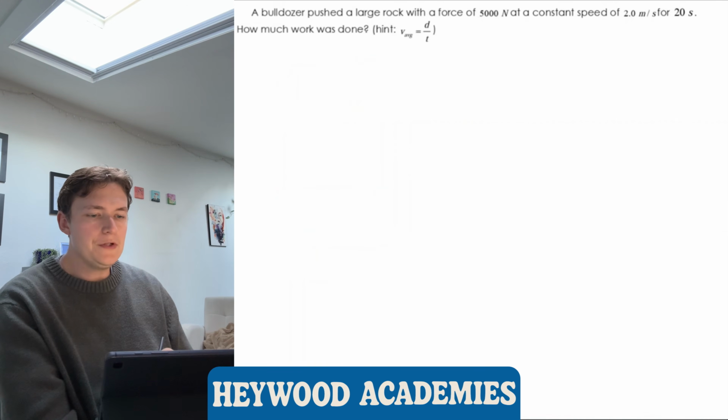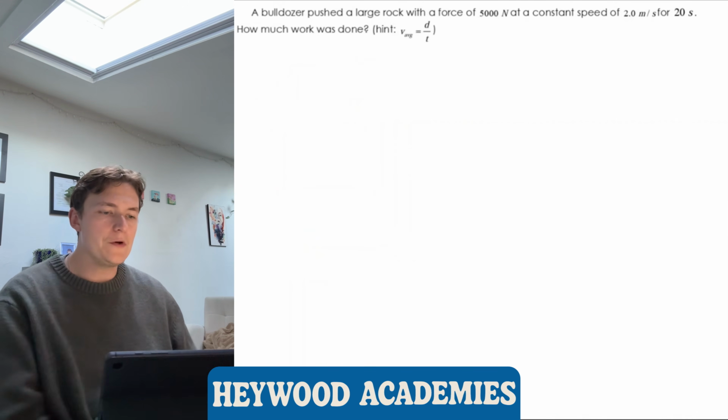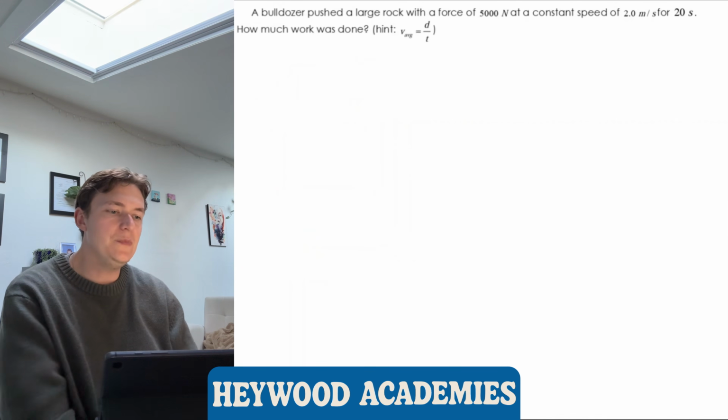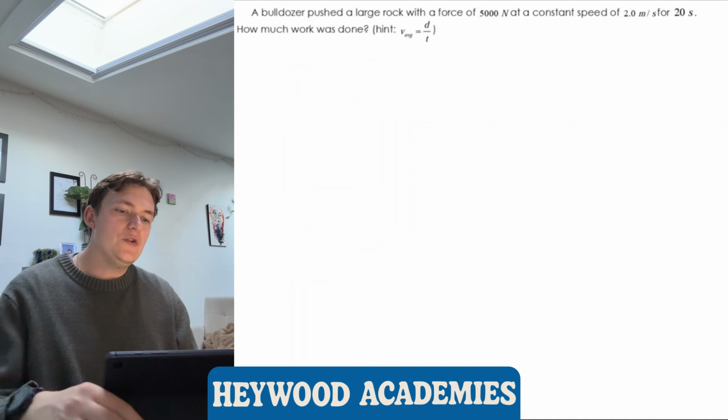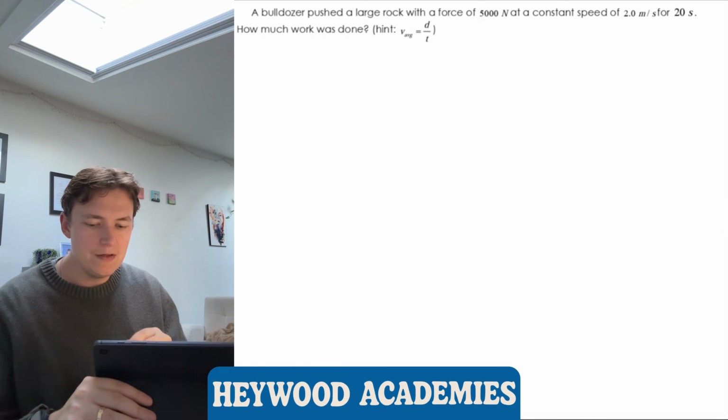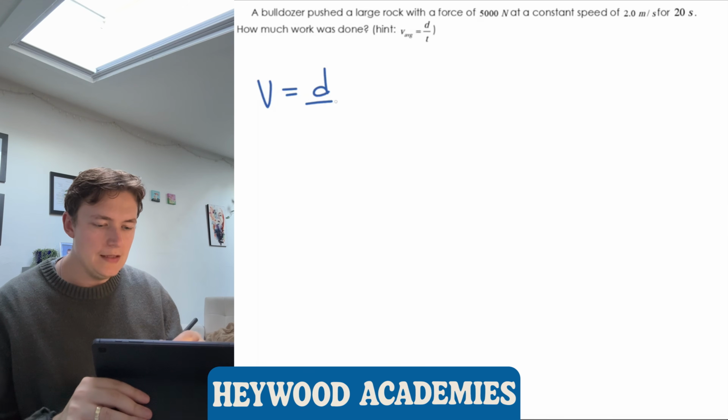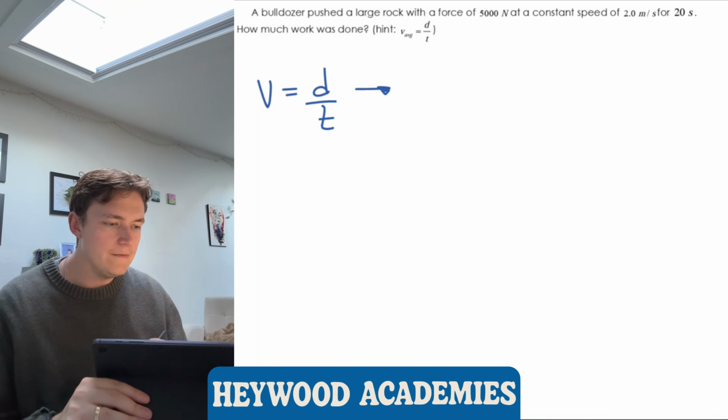A bulldozer pushed a large rock with a force of 5,000 newtons at a constant speed of 2 meters per second for 20 seconds. How much work was done? Let's go with velocity is distance over time. Let's just go ahead and rearrange that for the distance.